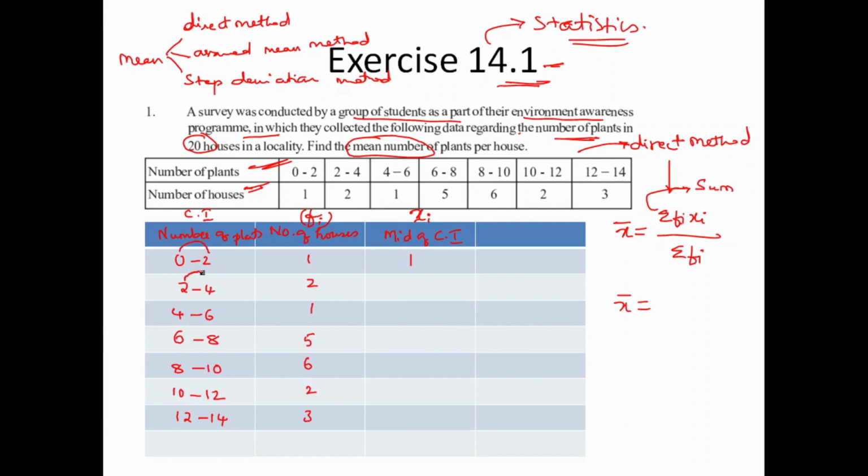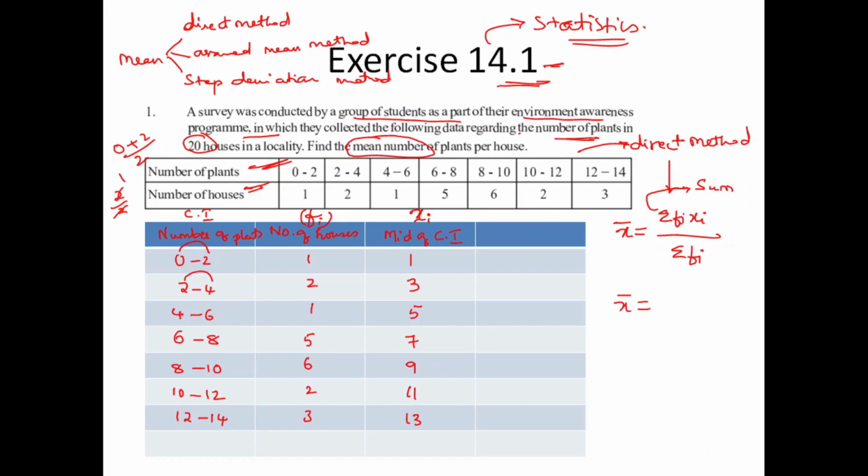Similarly, the next is 3, then 5, 7, 9, 11, and 13. The other way is to add up the class limits and divide equally, so 2 by 2 is 1.